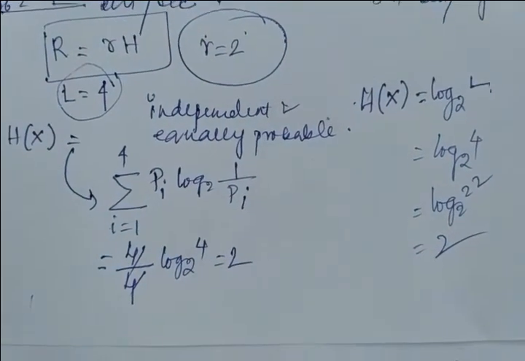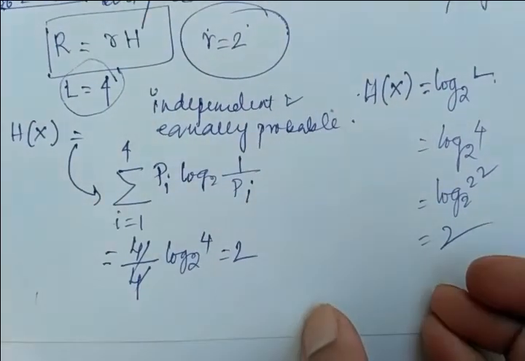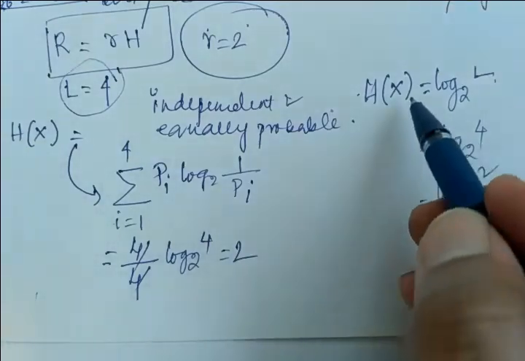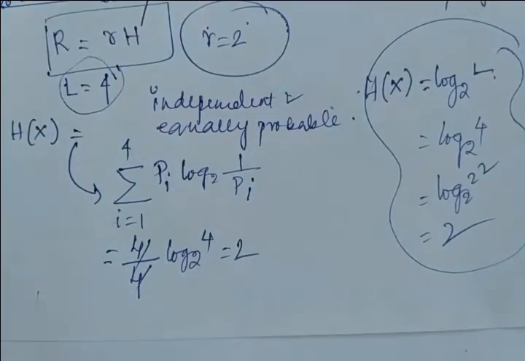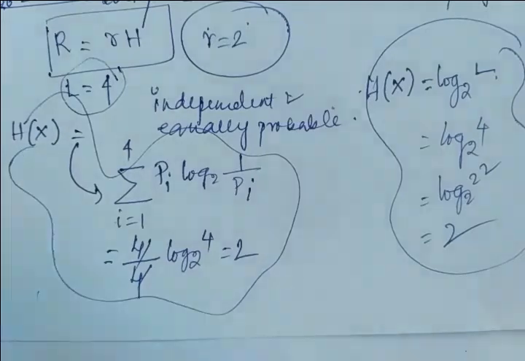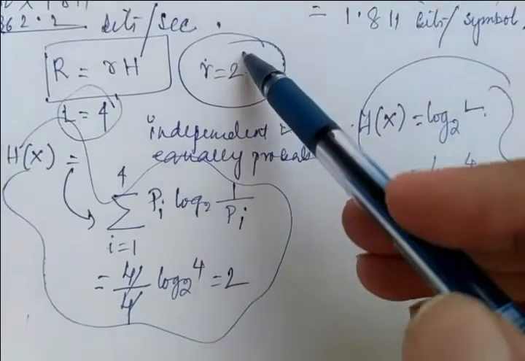So you can calculate the value of H(X) in two different ways. If you want to save time, go this way, and if you have enough time, go the other way. You have calculated H(X), and you have calculated r.